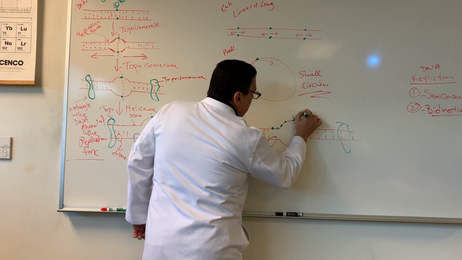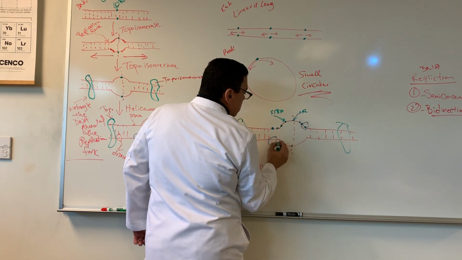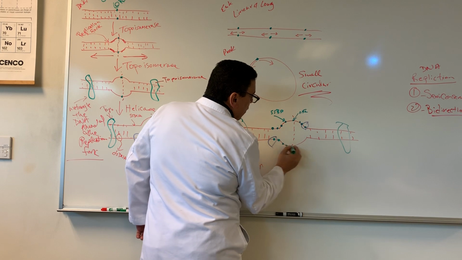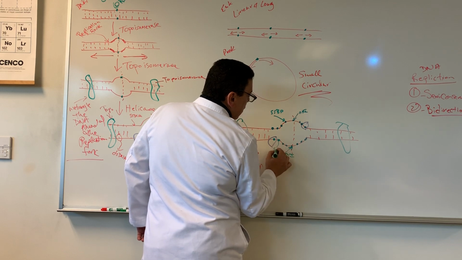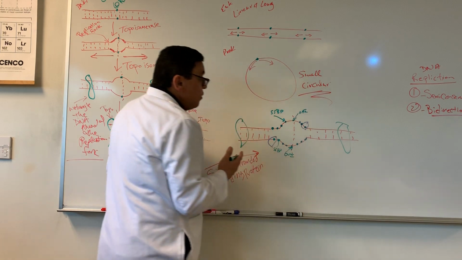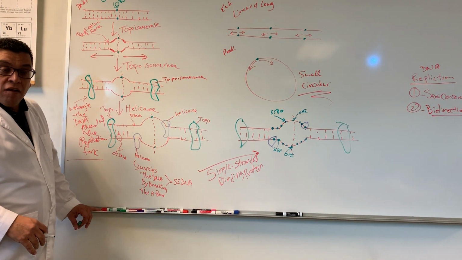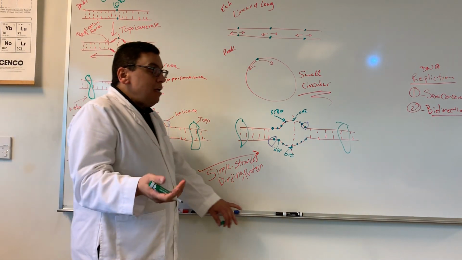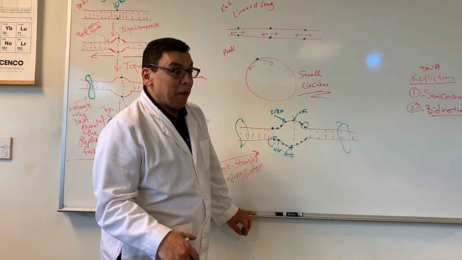This is the origin of replication. These are the single-stranded binding proteins. So what they do is they prevent the A and the T from rehydrogen bonding. They prevent the G and the C from rehydrogen bonding, meaning they prevent the DNA from rezipping.